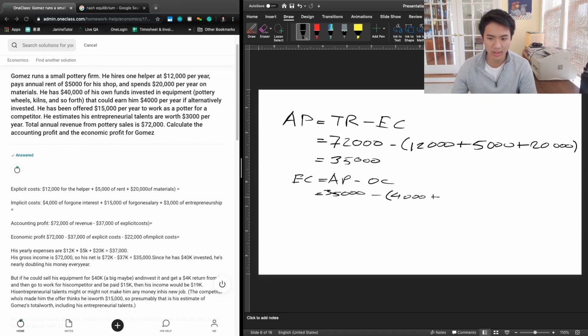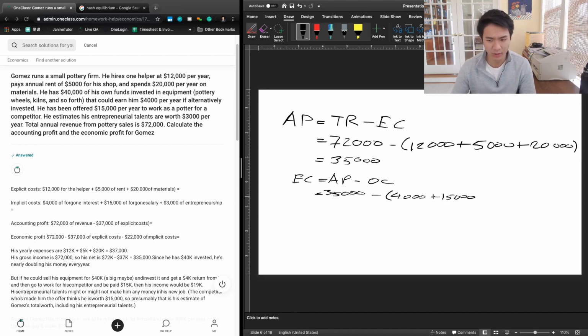He also knows that he could be working as a potter for his competitor instead of working at his own firm. That would earn him $15,000. So this is something he also gives up. And finally, he estimates his entrepreneurial talents are worth $3,000 per year. I don't believe that would really contribute here, because if he's working as a potter for a competitor, he's not going to be really needing entrepreneurial talents, right?